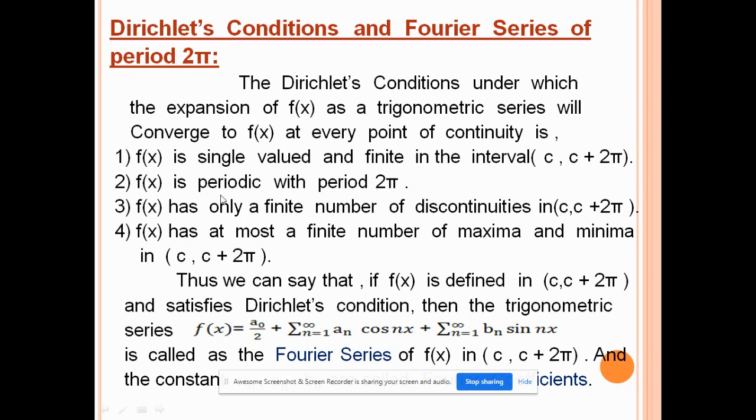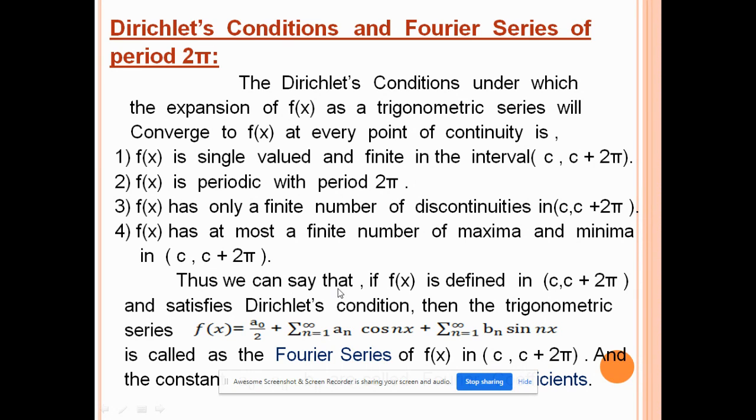Next, f of x should be periodic with period 2 pi, and f of x has only a finite number of discontinuities in c comma c plus 2 pi. Fourth, f of x has at most a finite number of maxima and minima in c comma c plus 2 pi. These are the Dirichlet's conditions for the trigonometric series f of x.